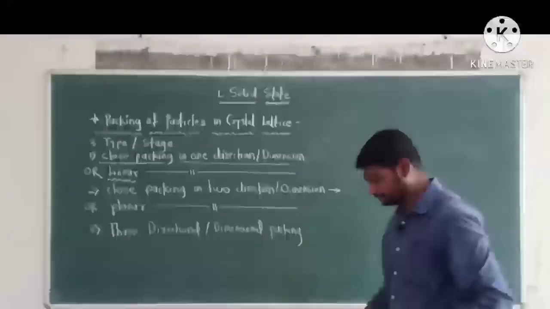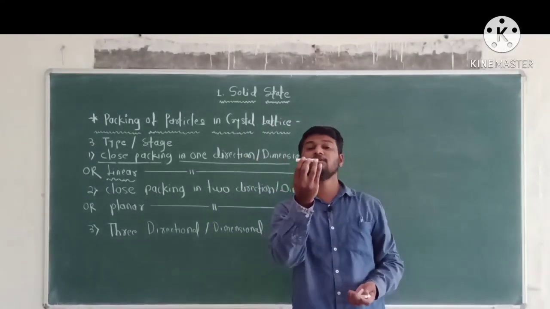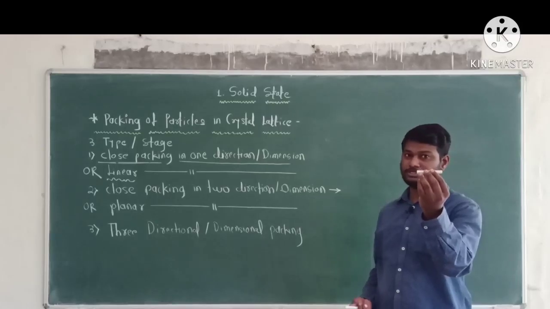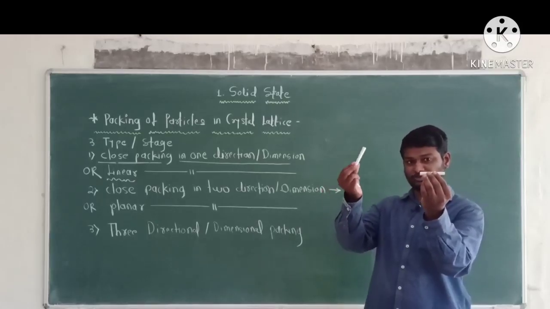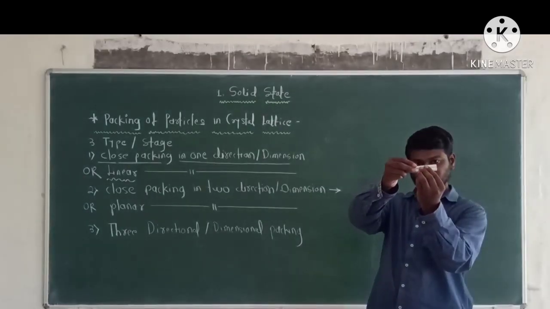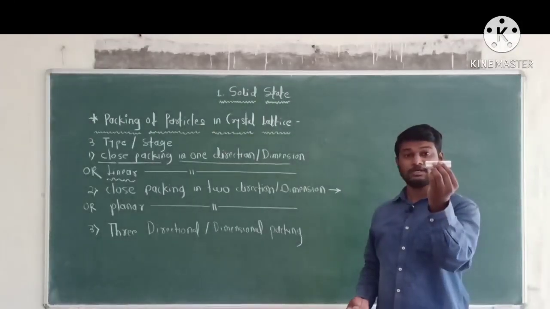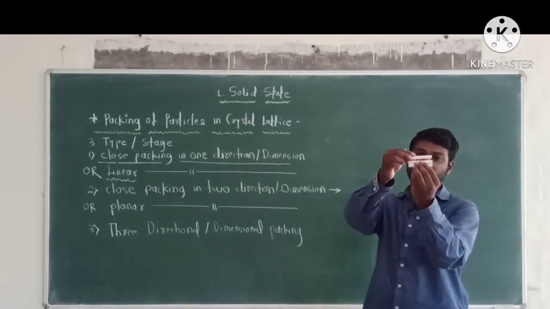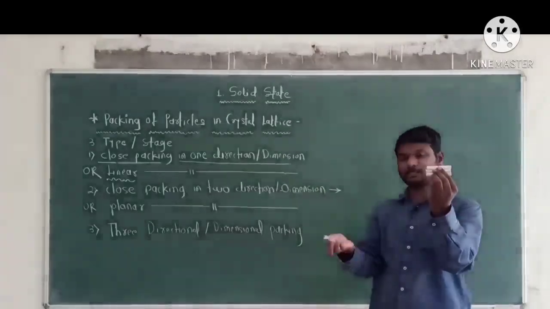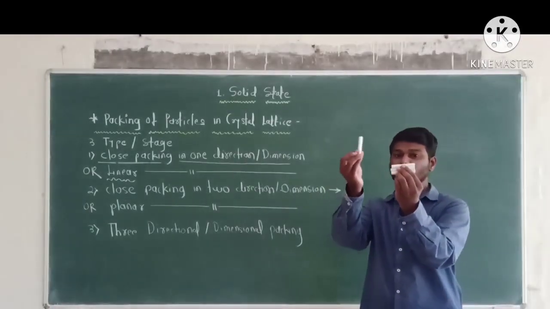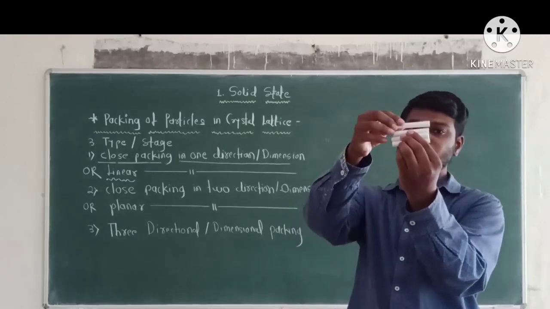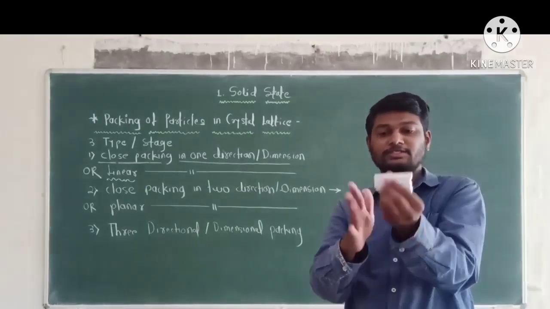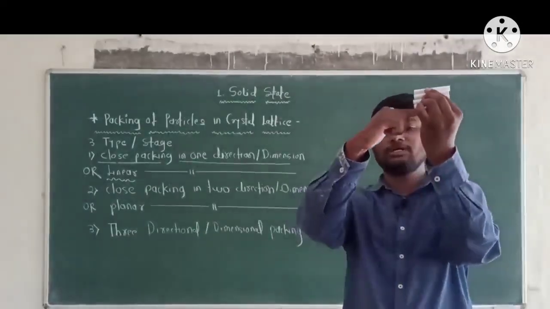For example, let's consider this is a row of constituent particles. This is a row of constituent particles. Okay. Another row of constituent particles is placed over this. Now another row is placed over this row, and another row is placed over this row, and it forms a plane, and this plane has two directions, direction number 1, direction number 2.